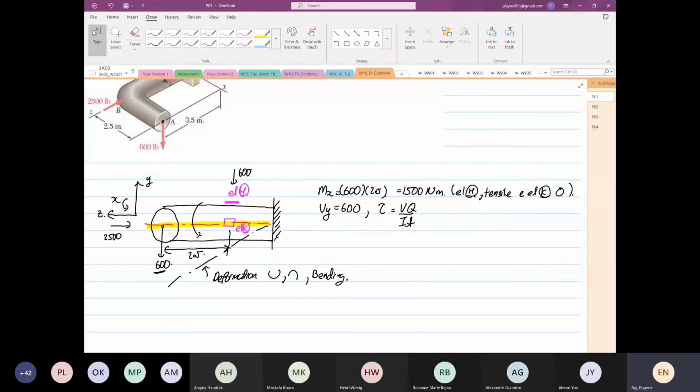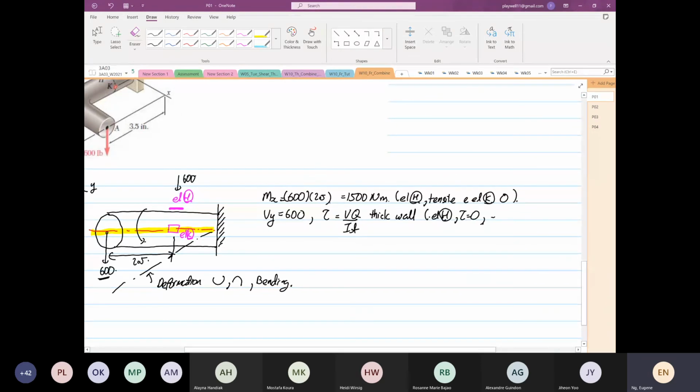So in another context, this one, where Vy is equal to 600, that's the formula we're going to use, and it's going to be thick wall analysis. For this case, we know that for element H, the shear will be equal to 0, whereas for element K, it is going to be our shear max because it is at the centroid.